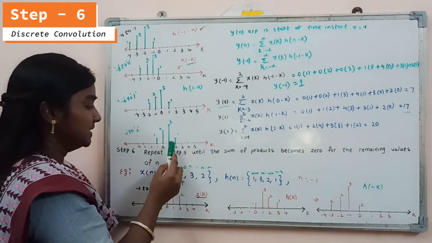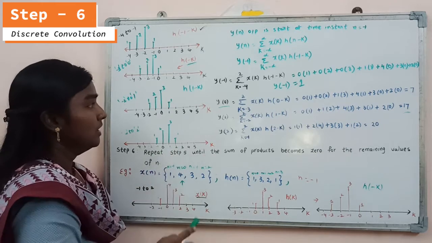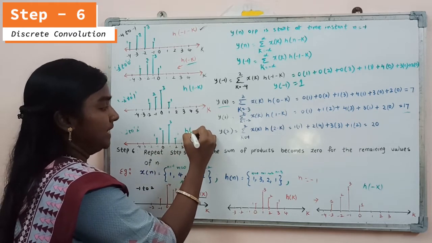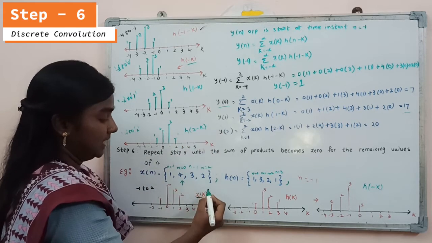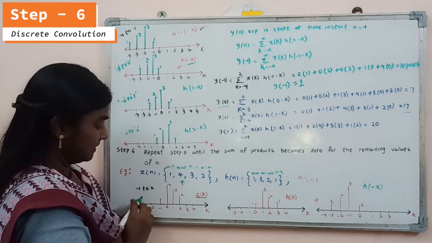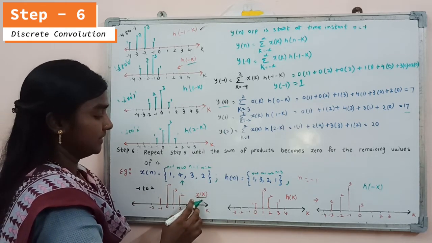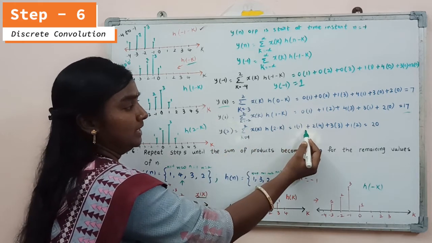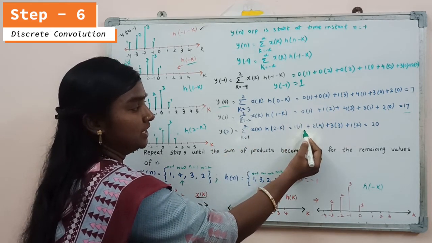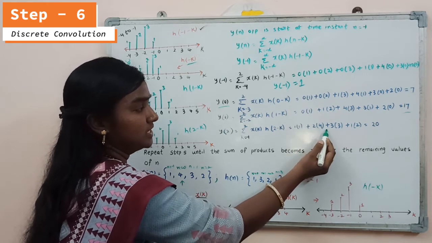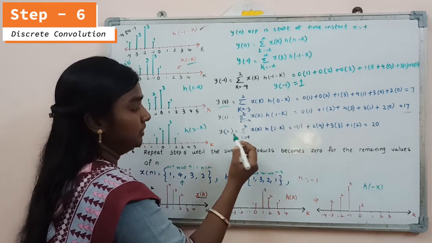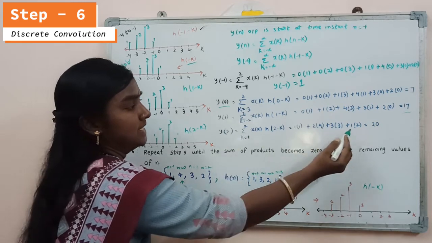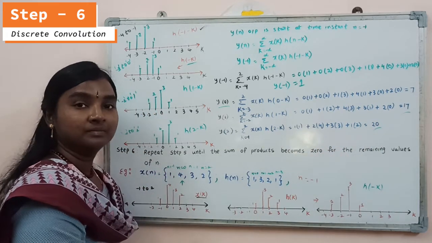Here the time instances are from -1 to 2 for h of 2 minus k signal, and here the time instances are from -1 to 2 for x of k signal. So by considering those summation limits, by multiplying amplitudes and doing addition of these products, we can find out the amplitude y of 2 as 20 here.